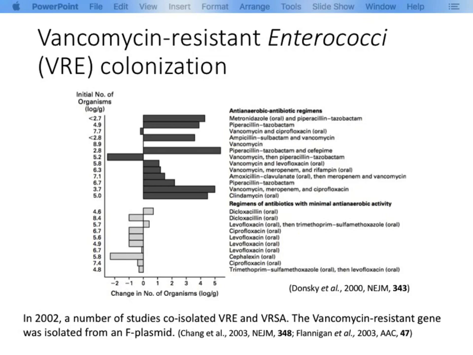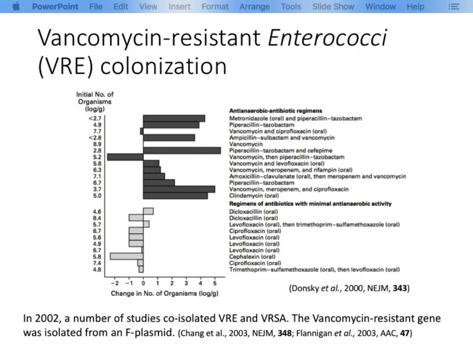I put this up here just as an example. It's not only C. diff that's a concern, but also infections caused by enterococci. I'm not asking you to memorize this by any means, but one of the things I want to point out is that the ones in the dark brown are, if I'm not mistaken, antibiotics that are particularly well designed against anaerobic microorganisms.